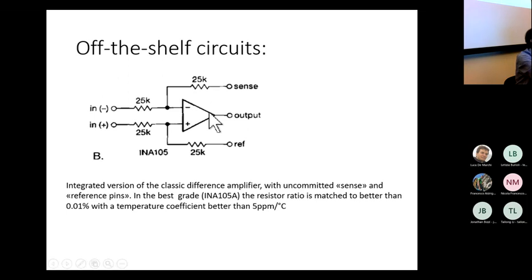Okay, so for example, for this difference amplifier here, we have a guaranteed matching between the resistors in the order of 0.01%. Okay, so a very minimal discrepancy between the two resistors comes into play.